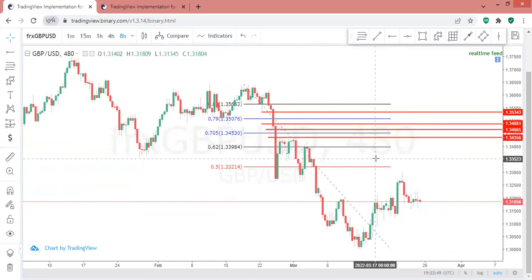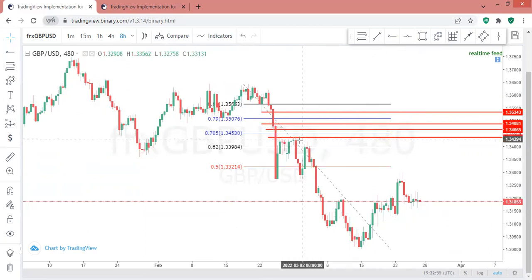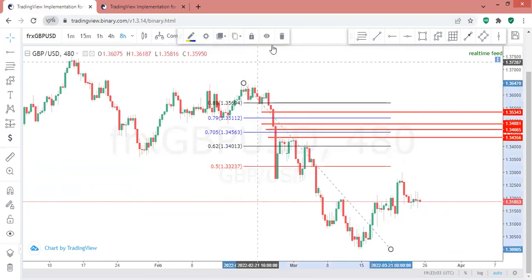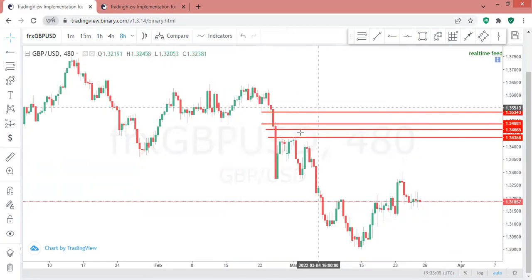But because these two zones fall in my premium area, if I'm to look for where to actually sell, I'll take the one above, because it has to be filled. So I will be looking for my sell around this area, the one above.